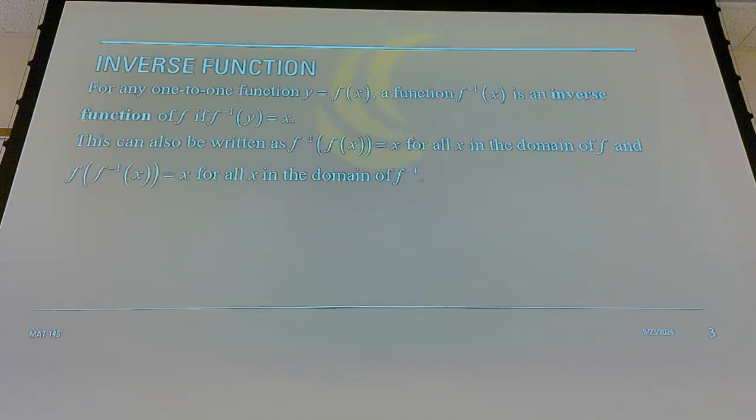Mathematically written this way. These two statements say the same thing.